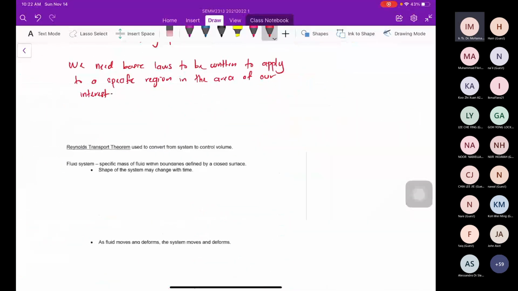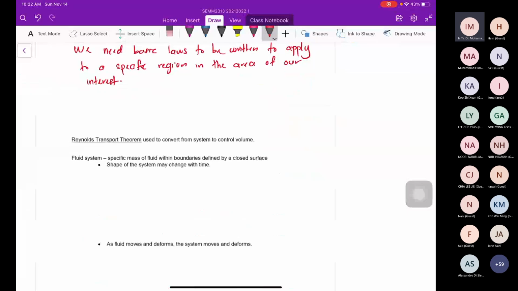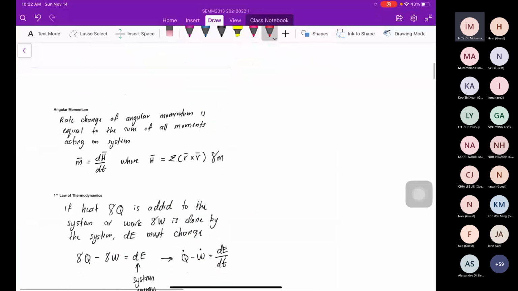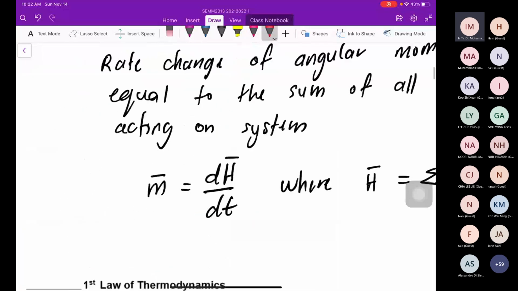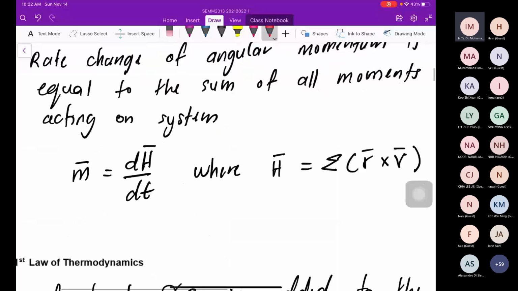So now we need to use the Reynolds transport theorem, RTT, which is used to convert from system to control volume. As you can see, all these equations are in terms of system.